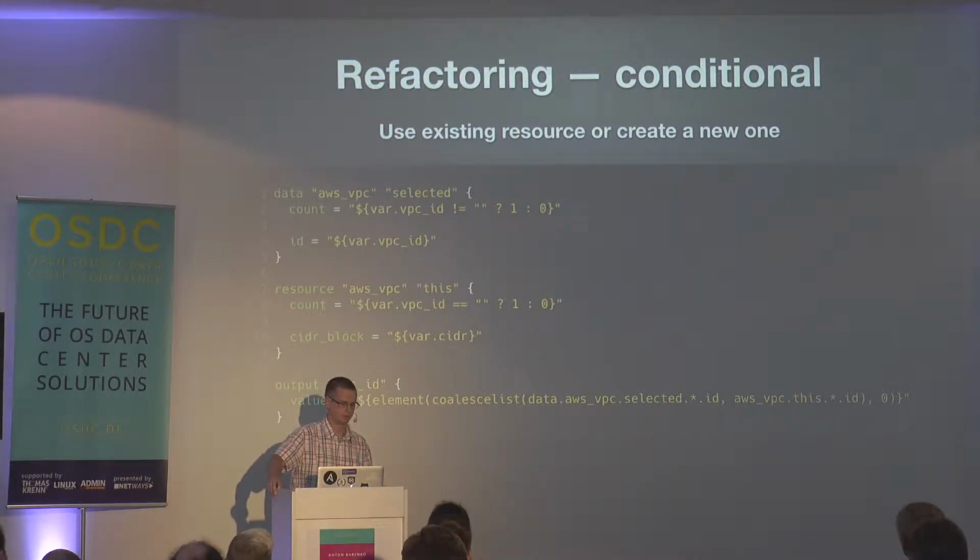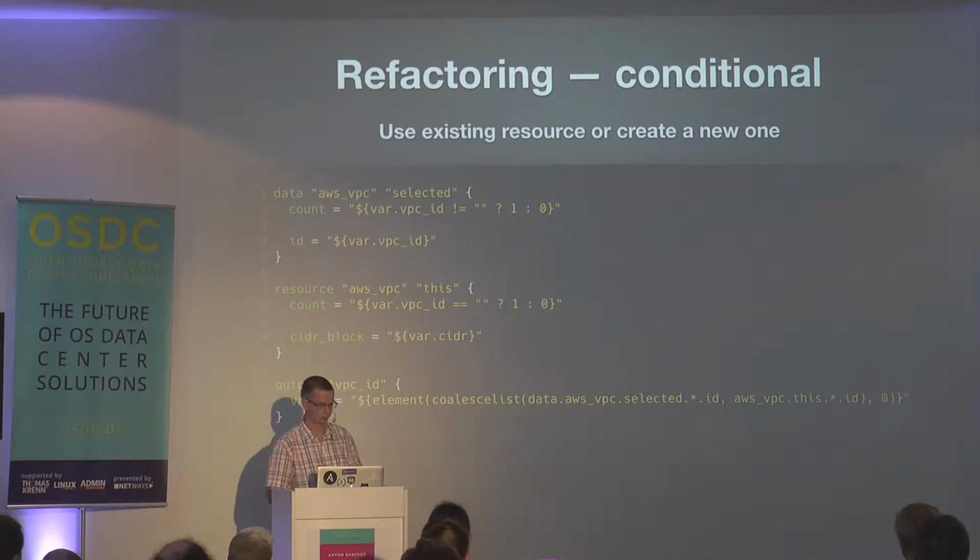If you make a module which creates a VPC, that's fine. But what if you have an infrastructure module, let's say for Jenkins, and you want to make this module flexible? Then you can ask the user to provide a VPC ID. And if the user provides a VPC ID, then it means that you don't have to create it.